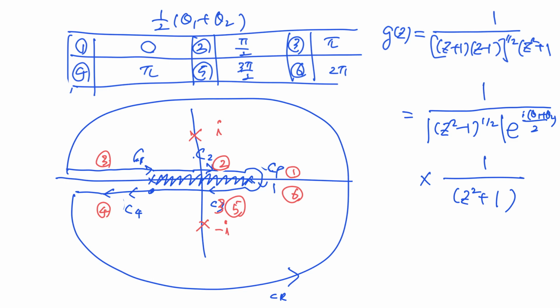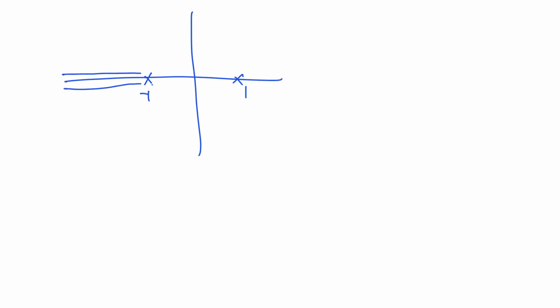C2 and C3, right? So let's do this first. This is -1, this is 1. C1, C4.